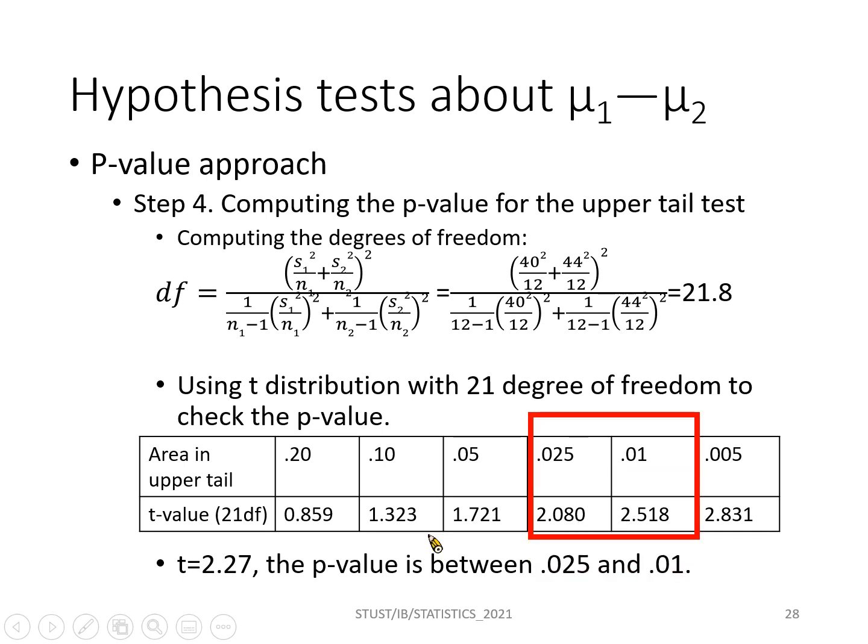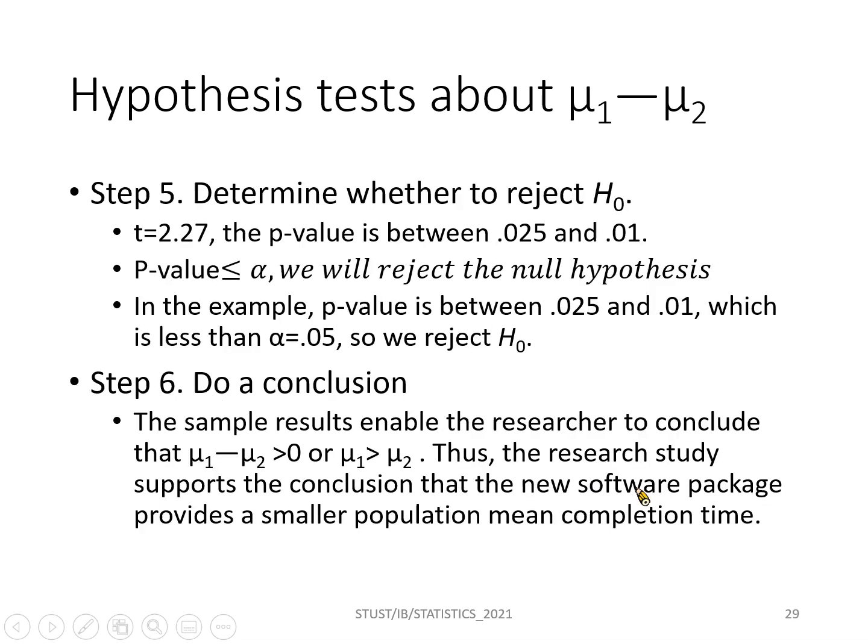Here you will find your t-value of 2.27 is between the t-values with probability 0.025 and 0.01, because your t-value is in that interval. So will we reject or not reject the null hypothesis?